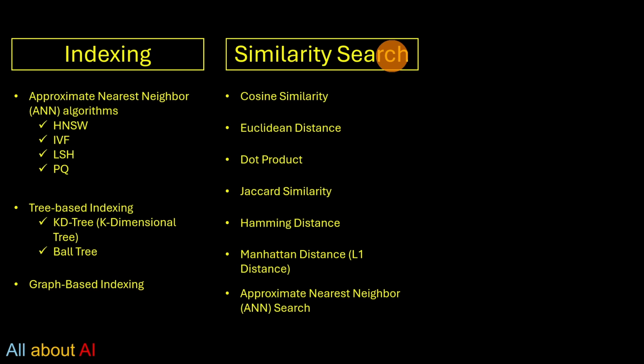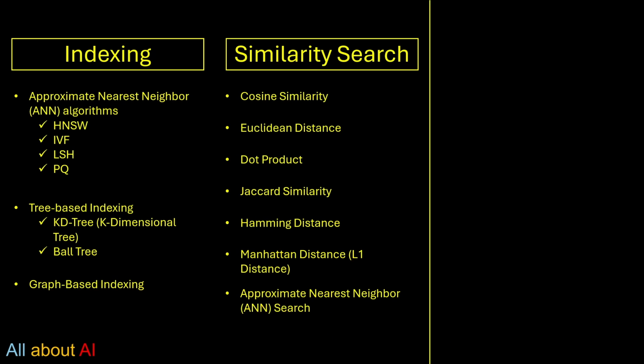There are different mechanisms to extract similar data like cosine similarity, Euclidean distance, dot product, Jaccard similarity, Hamming distance, Manhattan distance, approximate nearest neighbor ANN search, and many more.